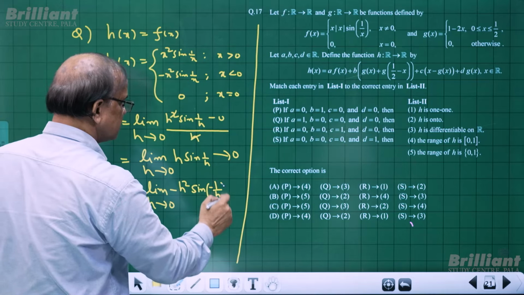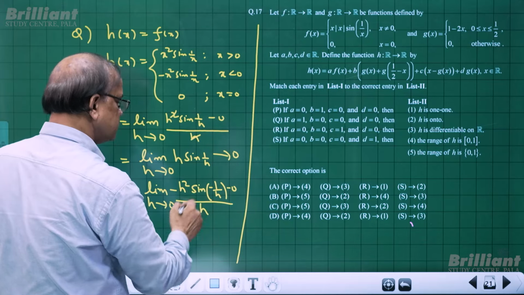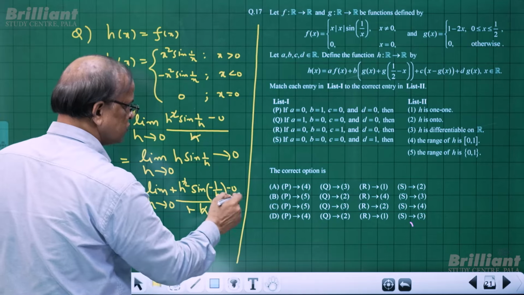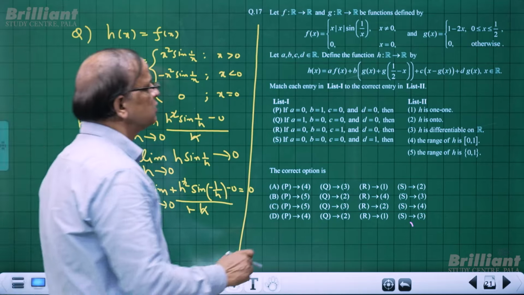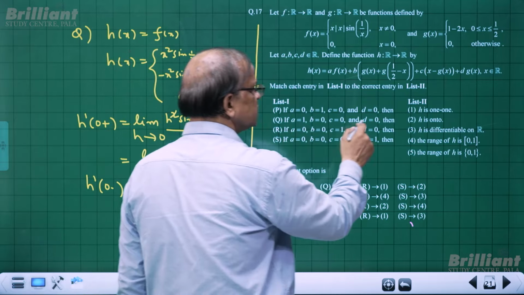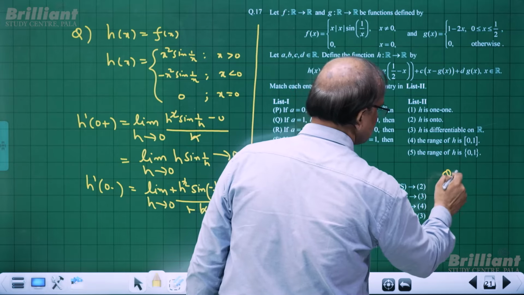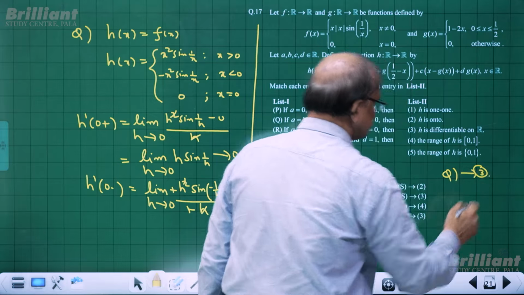So, minus 1, h cancels, minus cancels. So, this is also 0. So, it is differentiable. So, Q is differentiable, which is option 3. So, Q is 3.